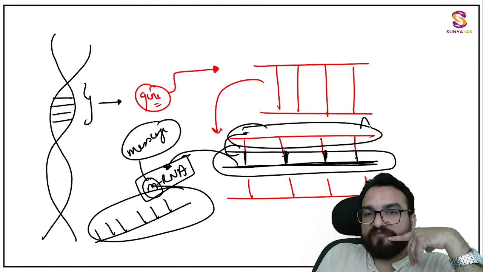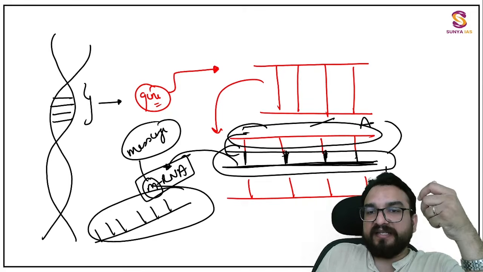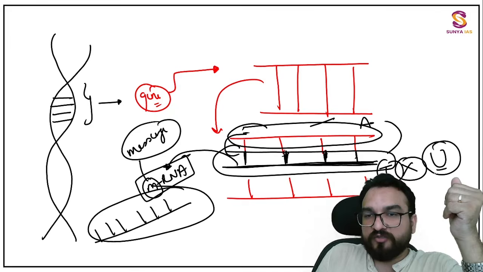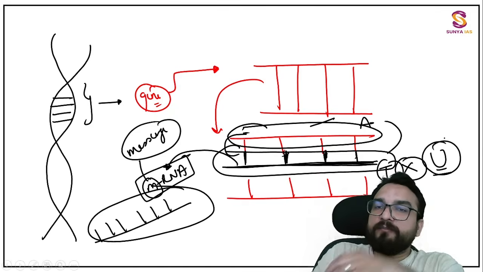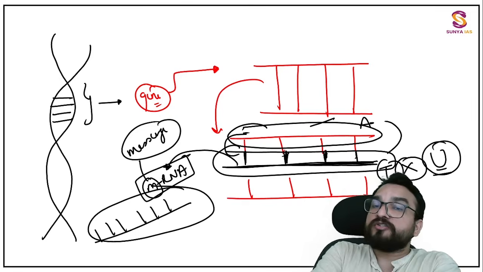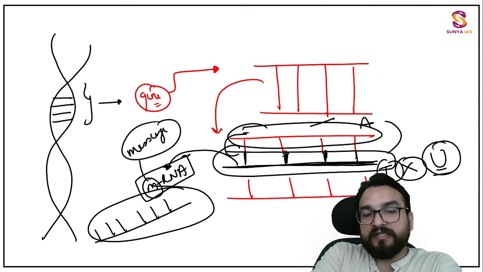Also, I have told you if the sequence is A, A will combine with T. But in RNA, T is not there. What is in replacement of T? You have uracil. That's why, if we compare DNA and RNA, DNA is more stable because of the nitrogenous compound it has, and RNA is not that stable as compared to DNA.